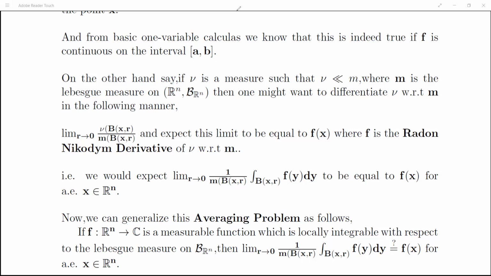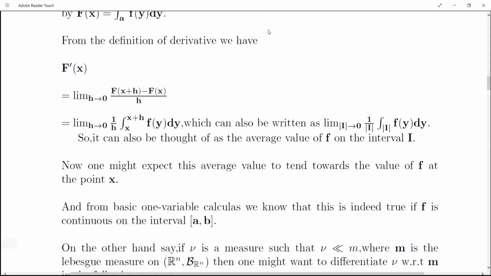And obviously, as I said earlier, this is really a generalization of the fundamental theorem of calculus. So in the fundamental theorem of calculus, what happened? You had this 1 over h and then the integral from x to x plus h. And now what we have shown is that if f is any locally integrable function, f need not be continuous, and you interpret this h as the length of the interval x to x plus h, then this is just the theorem we proved.